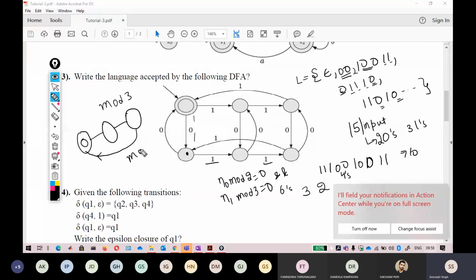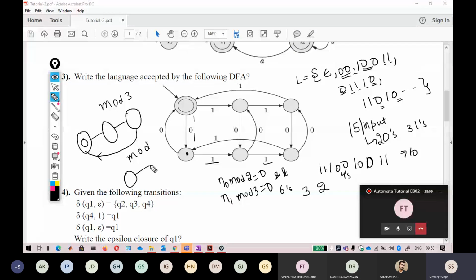In the mod 2 counter, you draw 2 states, and from the second state it comes back. Clearly, if you see 1 2 3, it is coming back to the final state. It means that mod 3 is employed here. In the same way, 1 2, so mod 2 is also employed here.